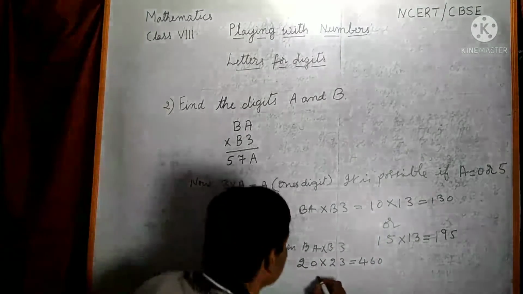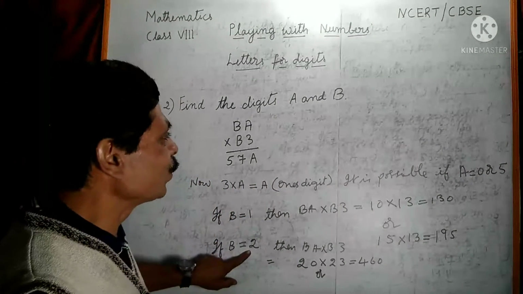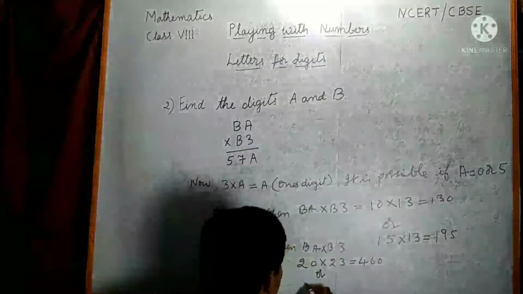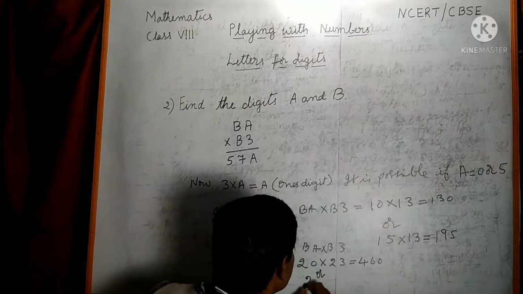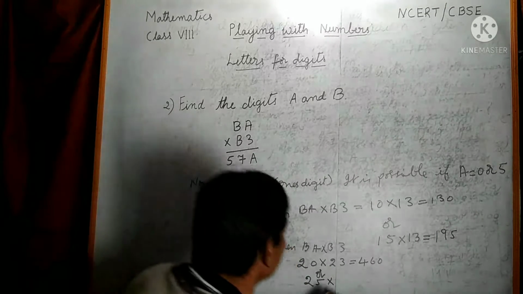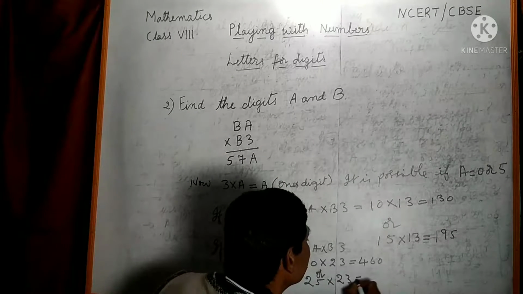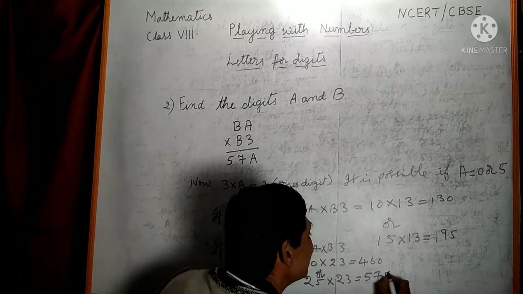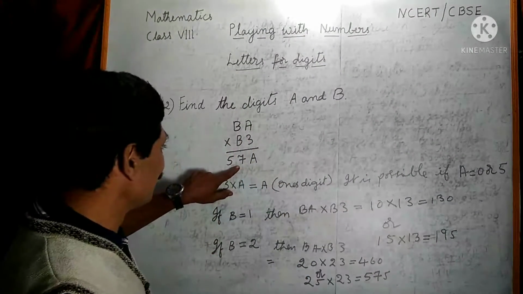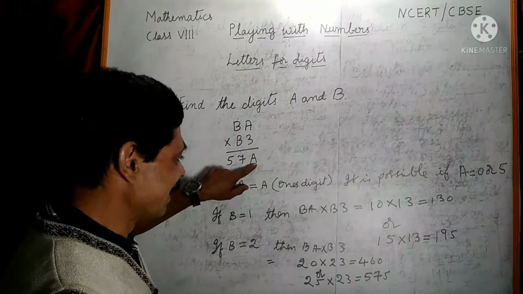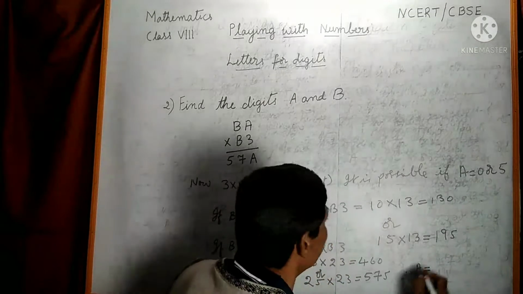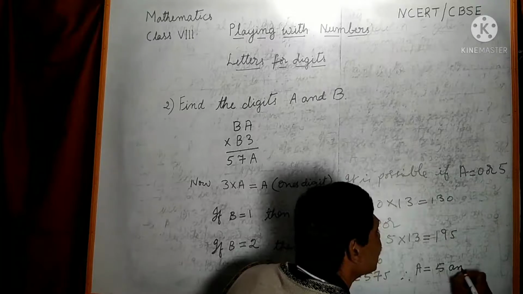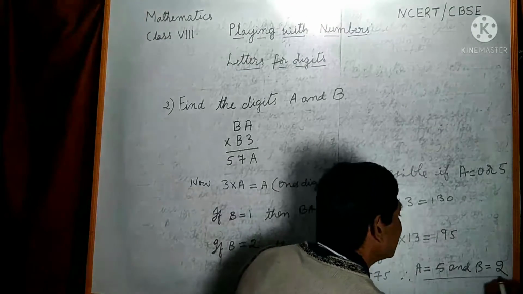So let us substitute B is equal to 2 and A is equal to 5. So this is 25 into 23 is equal to 575. So we got the digits 5, 7 and 5 here. Therefore, A is equal to 5 and B is equal to 2 is our answer.